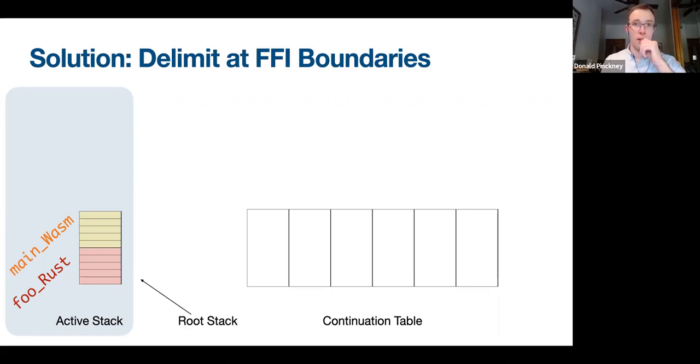The intuition for how to do this is that in addition to having the continuation table, we'll also keep track of this little piece of data, which I'll call the root stack. And it's going to remember which stack has these mixed language stack frames, in a sense.